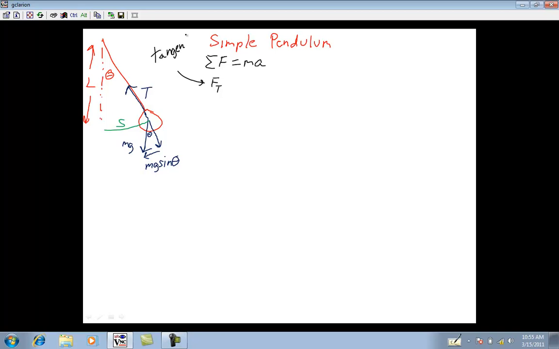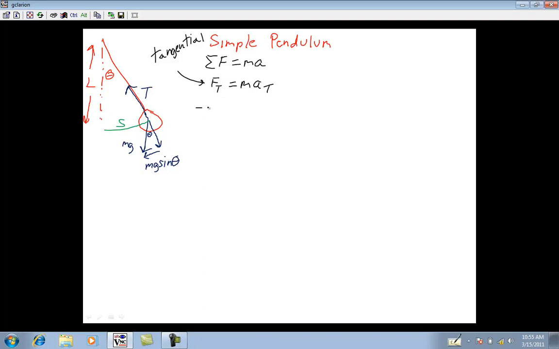And then we're going to set that equal to the mass times the tangential acceleration. Okay, and this tangential force will therefore just be mg sine theta.